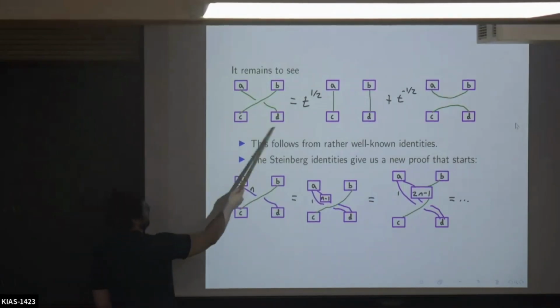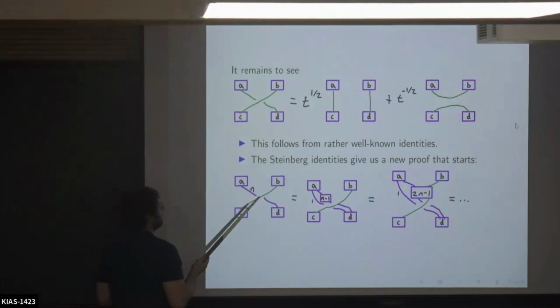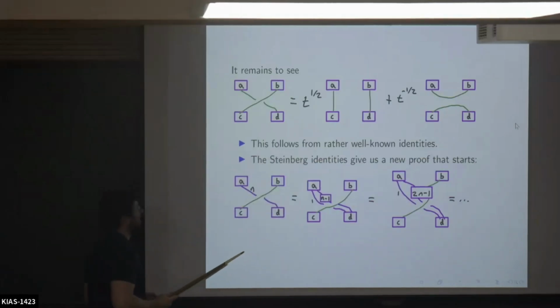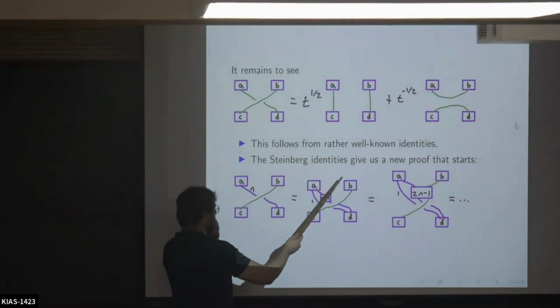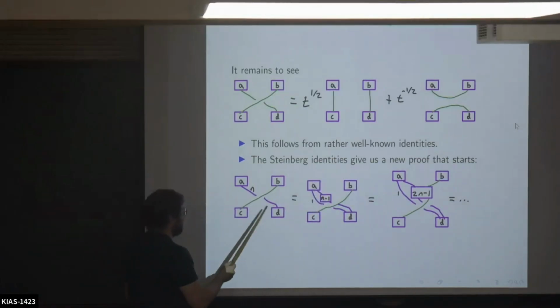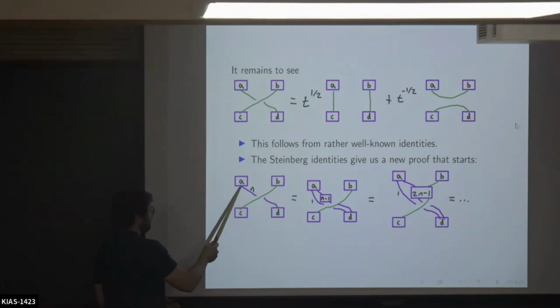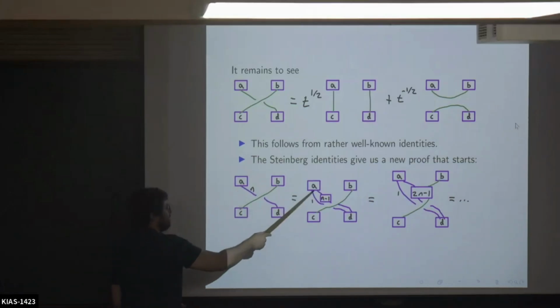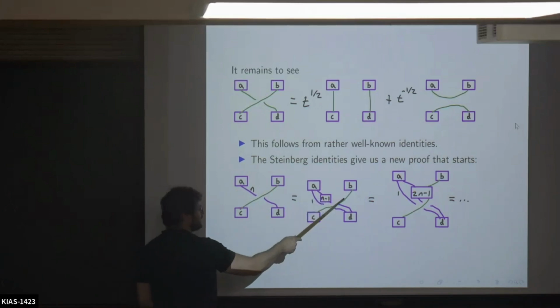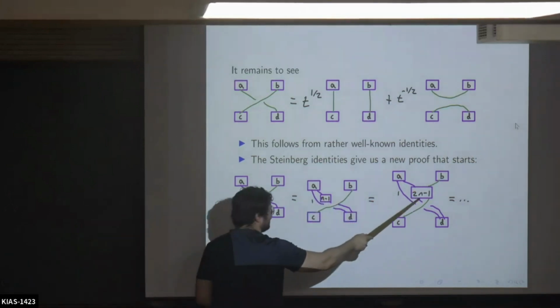Since we're in the situation where we're in a rectangle, people have done this in the literature in lots of different ways. But we have a new way to see this, where you can take Jones-Wenzl n-1 out of this projector using the absorption property, and then you can join it up to this to get Jones-Wenzl n-1.